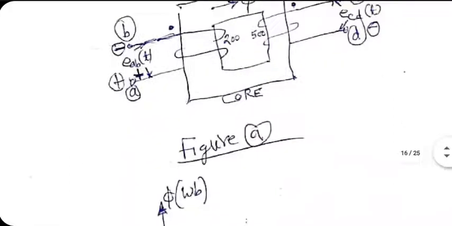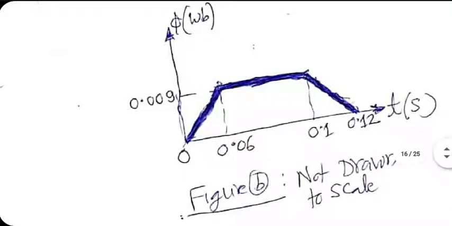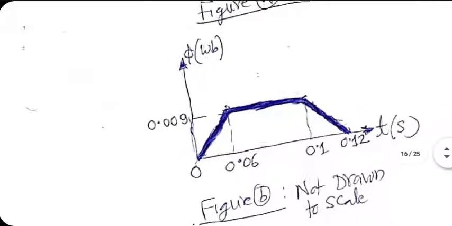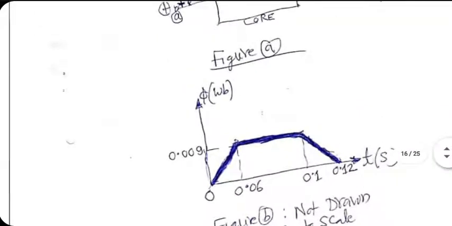So what you will do is divide the problem into three different parts. For time between 0 and 0.06 second, flux will vary with time with the equation of a straight line. In the second part, when time is between 0.06 and 0.1 second, flux will be constant at a value of 0.009 Weber.